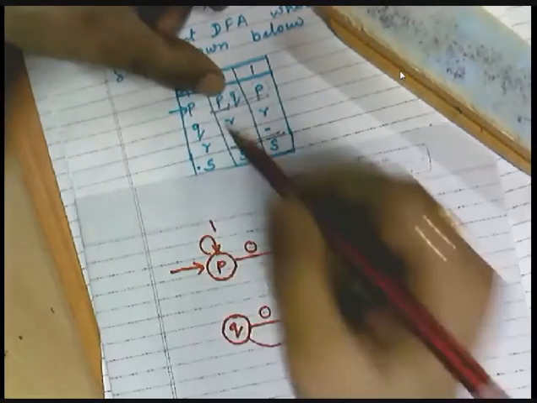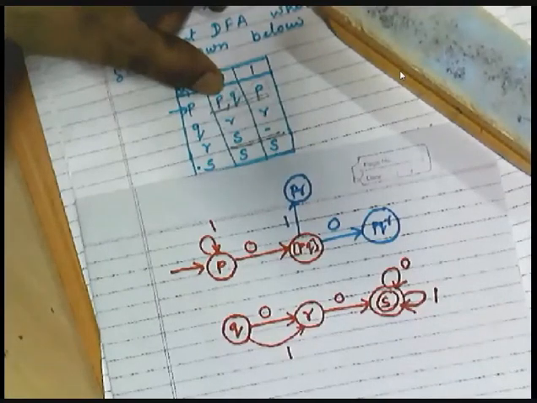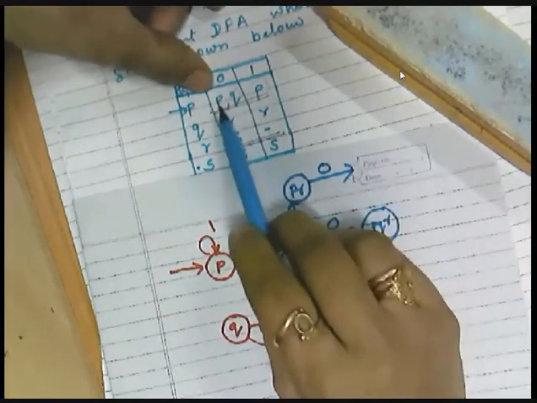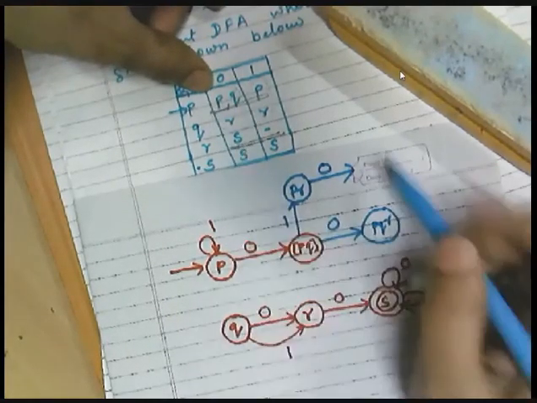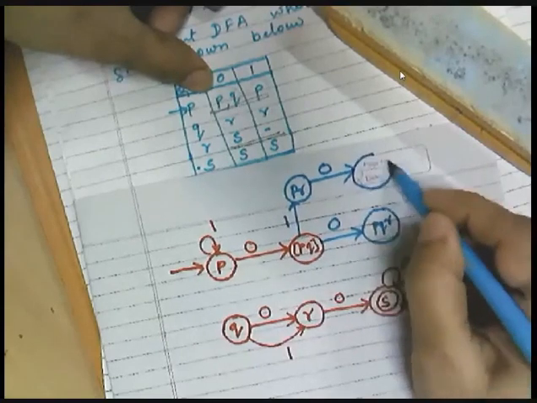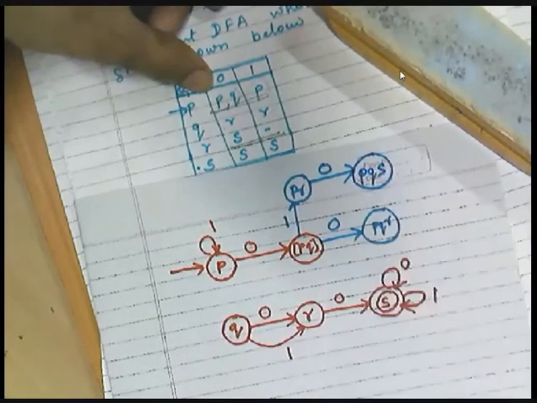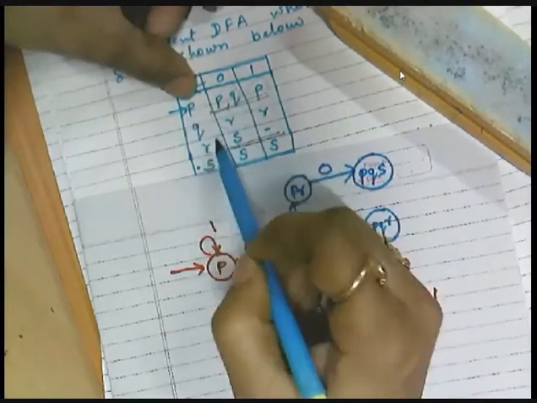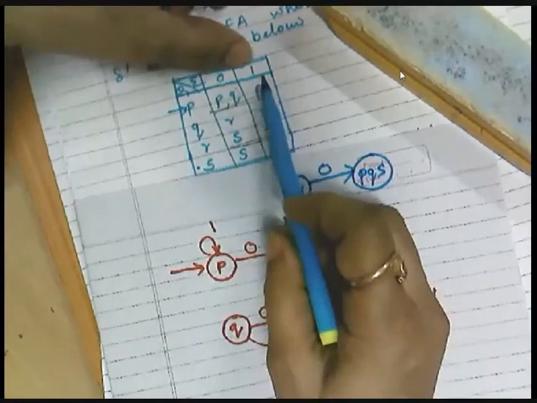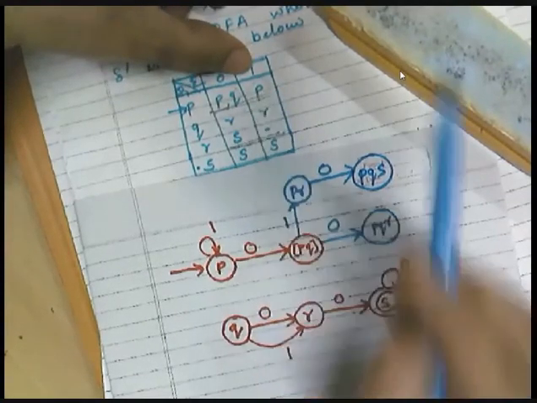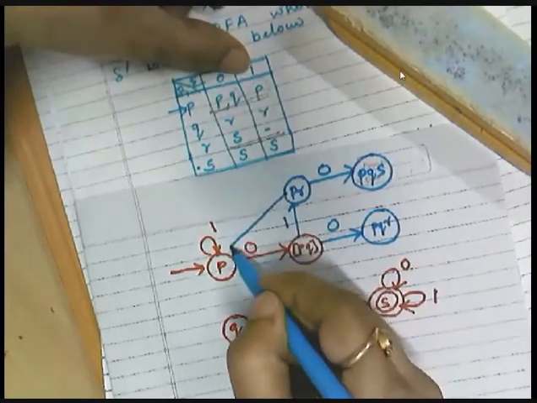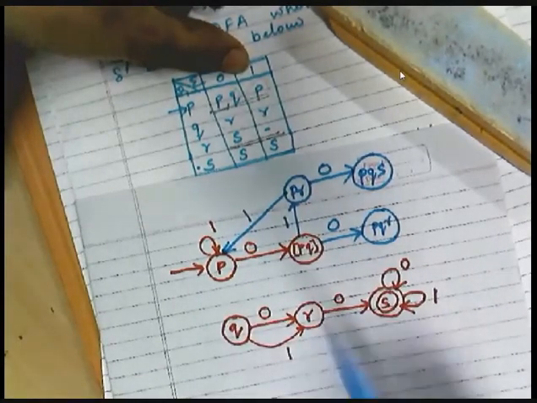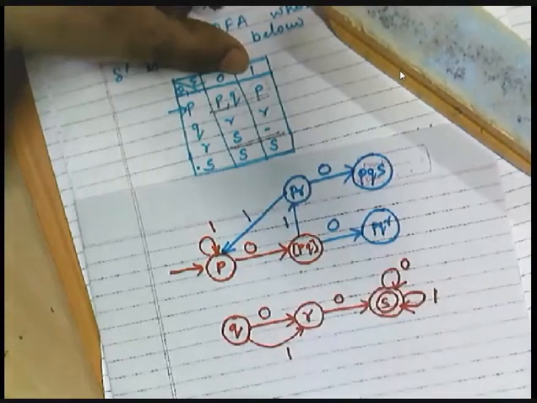Okay, so PR on 0 moves to a state named PQS, right? Which is not available, so I will write here PQS. Similarly, this PR on 1 moves to P, that means only to P. So I can make this transition like this. Clear? So the turn of PR with 0 and 1 is also over.